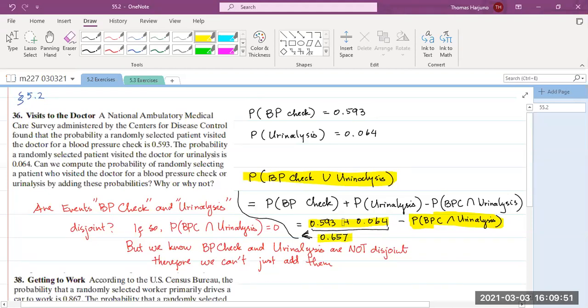So going back to the question, can we compute the probability of blood pressure check or urinalysis by adding these probabilities? The answer is no. Why not? Because those two events are not disjoint. Therefore, the probability of the intersection is not 0, and the formula will be the sum of those two numbers minus some non-zero number.